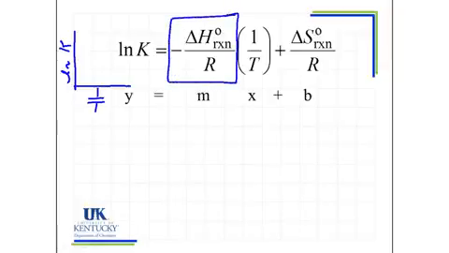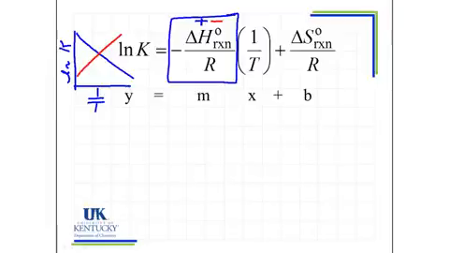Now it's not always a positive slope or always a negative slope. If delta H were positive and it was an endothermic reaction, then the slope would be negative. If, on the other hand, it was an exothermic reaction and delta H was negative, then we would have a positive slope.